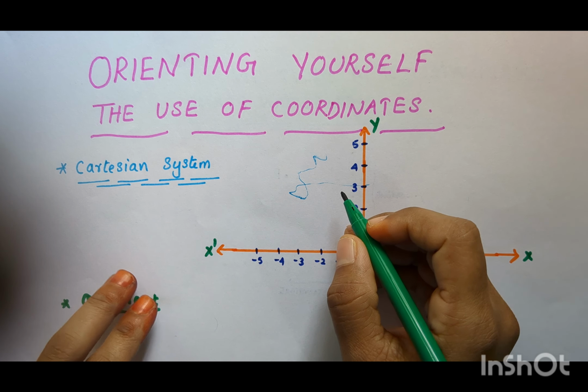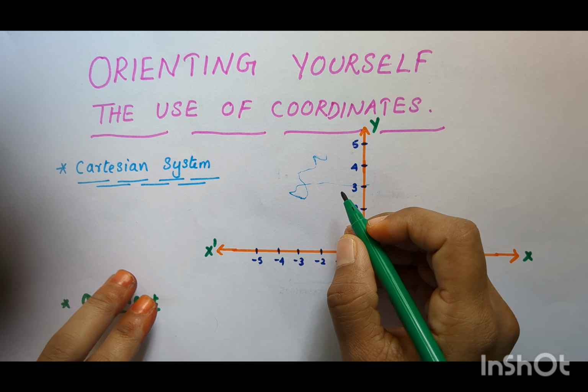So you see, the point given by the coordinate 1, 3 is not the same as the point given by the coordinates 3, 1. So in general, the coordinates a, b will not be equal to the coordinates b, a. That is, the point a, b will not be the same as the point b, a.